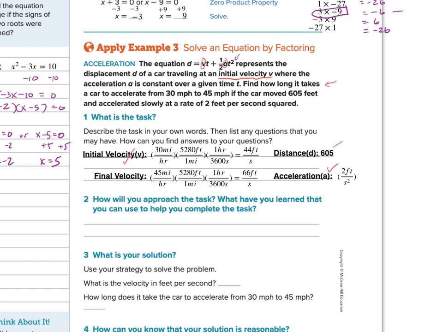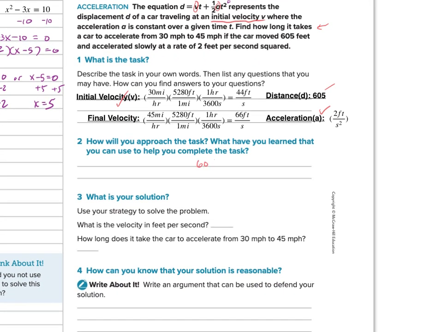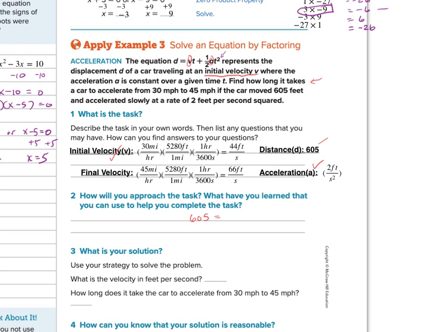Plugging that information into my equation should look something along the lines of my displacement is equal to my initial velocity, 44 feet per second, times time, plus 1/2 my acceleration, 2 feet per second squared, and then my time squared.